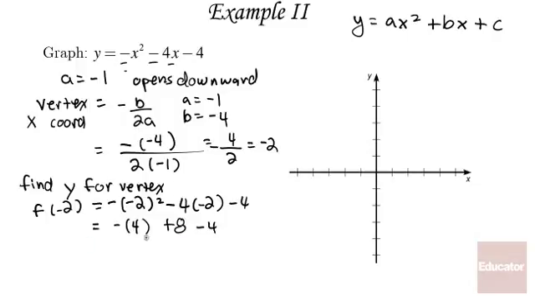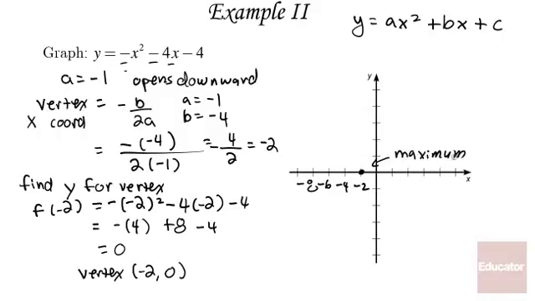So this is going to be negative 4 and negative 4 are negative 8, plus 8 is simply 0. So my vertex is going to be at negative 2, 0. And I know that this opens downward. So negative 2, 0, this is my vertex, and this is going to be a maximum. The maximum is at negative 2, 0.